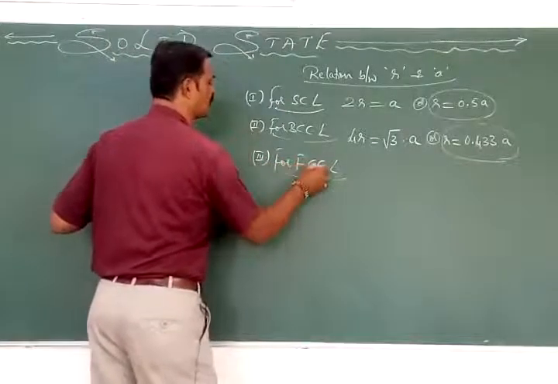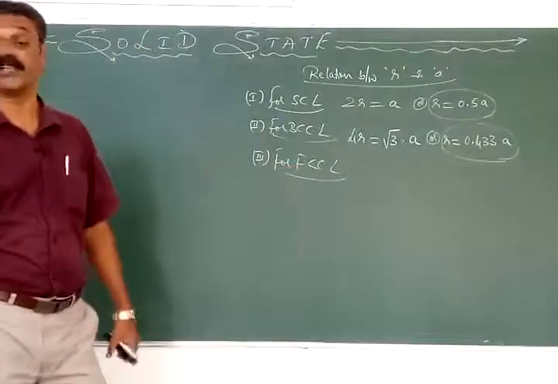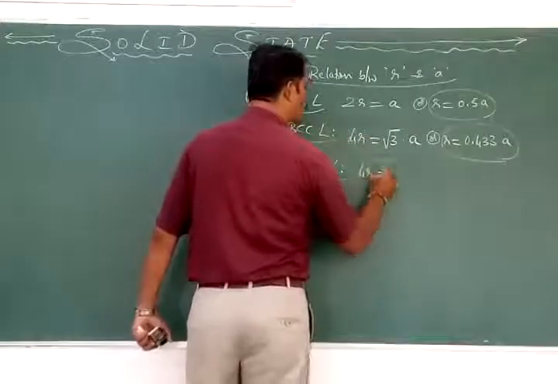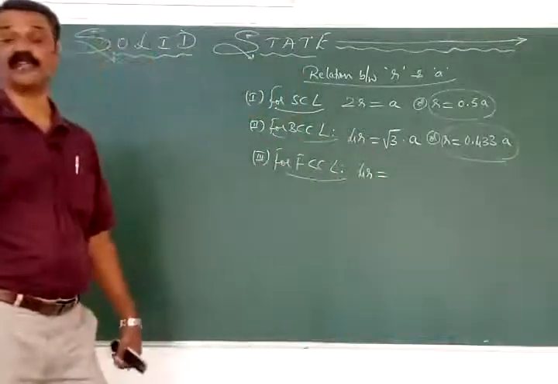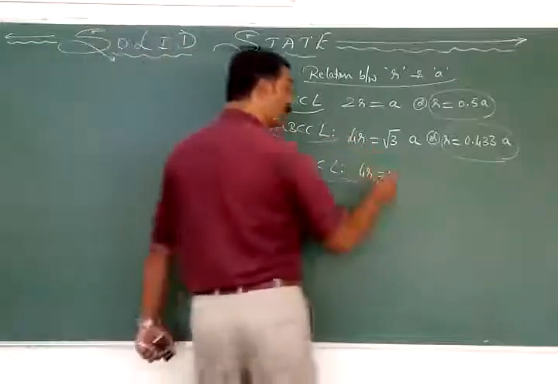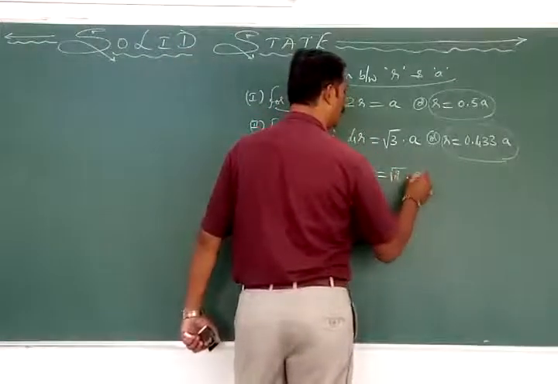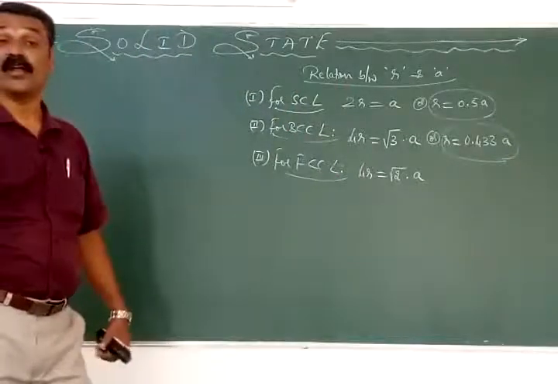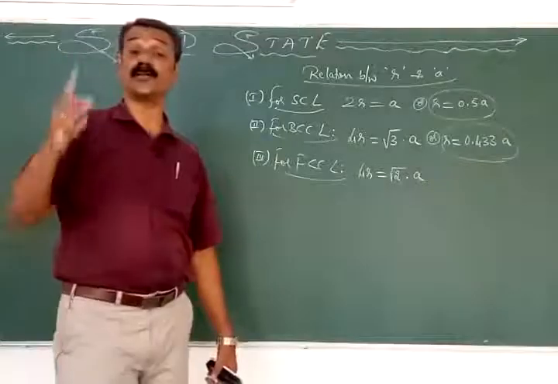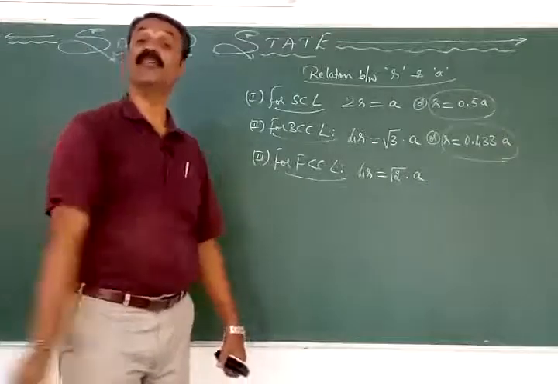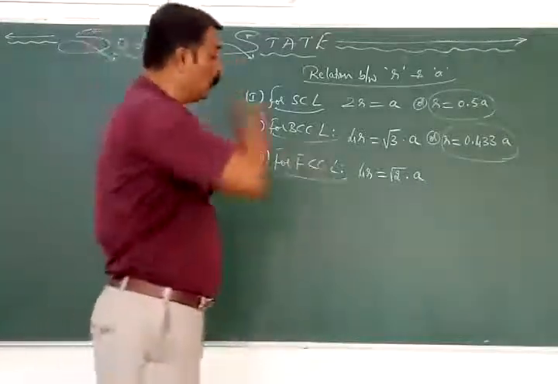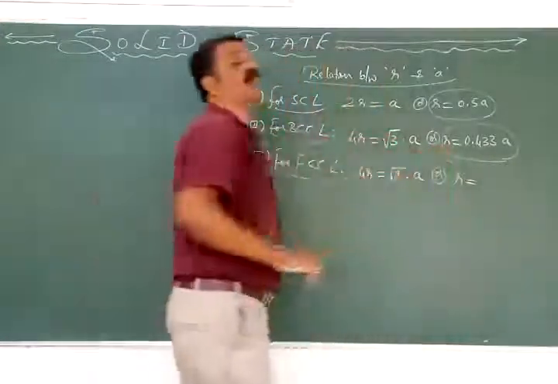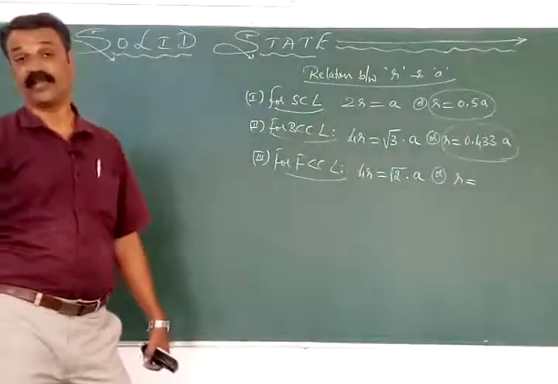Similarly, the third one is the FCC lattice, face centered cubic lattice, or we can choose it in the form of HCP or CCP also. There we are getting the face diagonal. That face diagonal is given by 4R. During simplification, we get 4R is equal to root 2 into A. These three results are obtained when we calculate the packing efficiency separately for SC, BCC or FCC. So R is equal to root 2 by 4 into A. Root 2 is 1.4 something divided by 4.